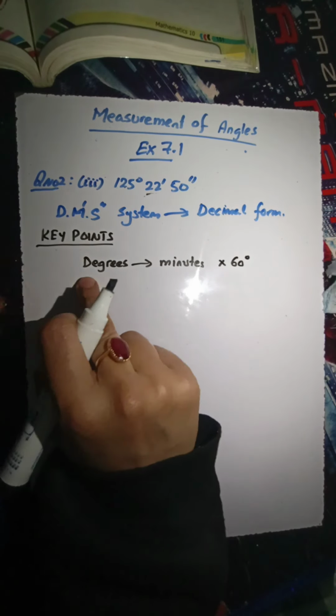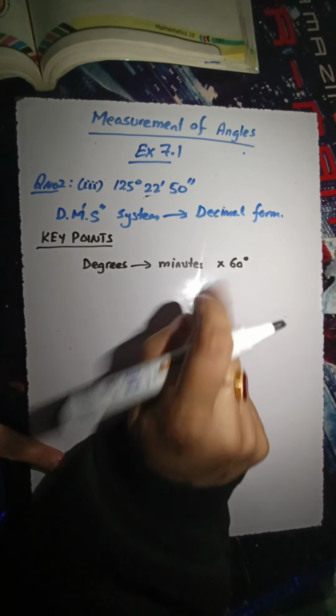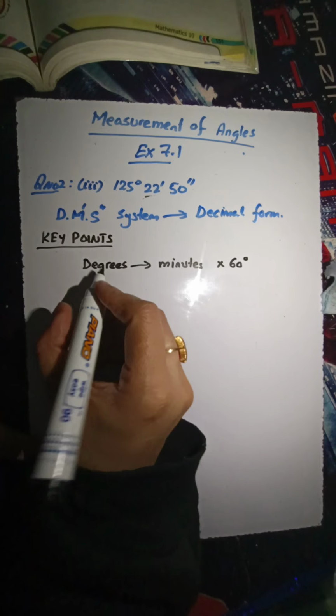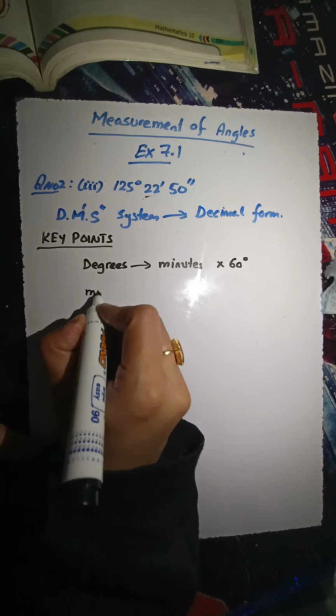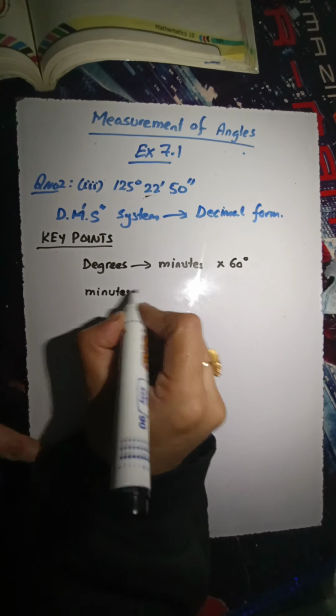So whatever degrees you are given, suppose 2 degrees or 10 degrees or 50 degrees, if you want to convert those degrees into minutes, you are always going to multiply by 60. And if you want to convert minutes into seconds, again you are going to multiply by 60.